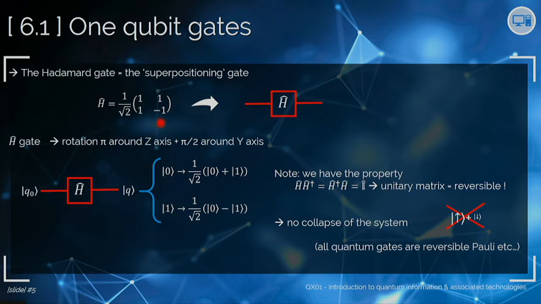So sometimes the Hadamard gate is called the superpositioning gate. As we will see, this gate is very important in order to initialize, to go from a classical bit 0 to a quantum bit of 0 plus 1.